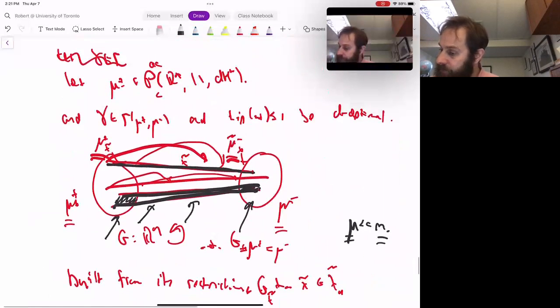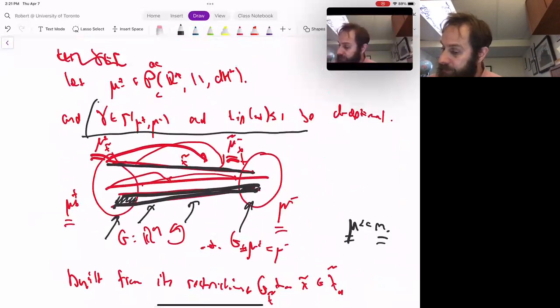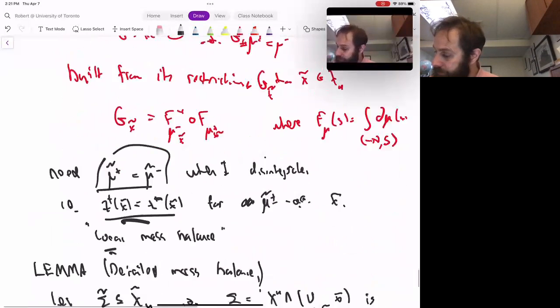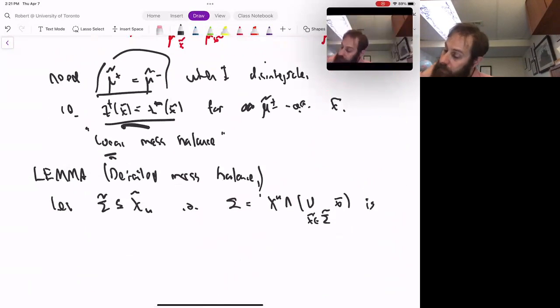We did. So I'm dealing with this optimizer and that U. Is gamma measurable, or Borel would certainly be enough. Let's say Borel.